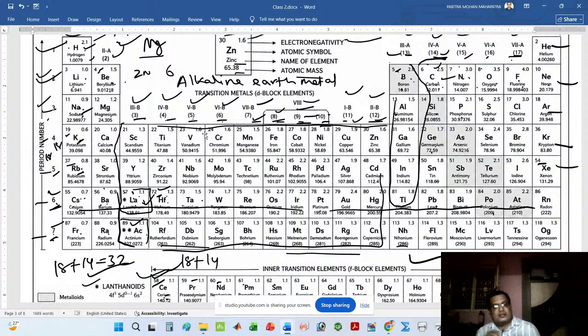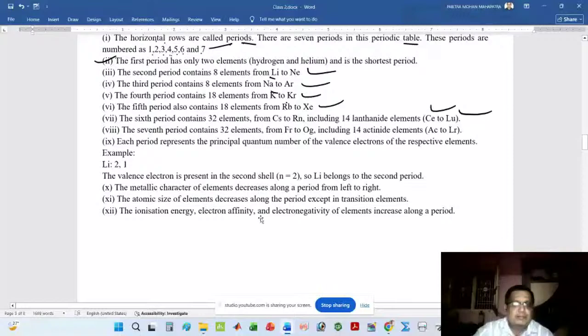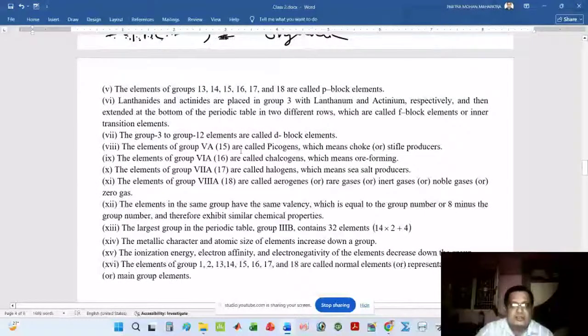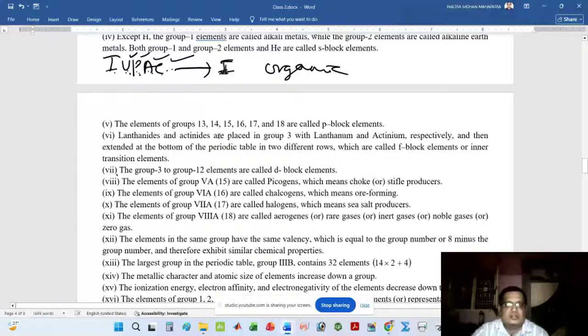But if I ask which group is the longest group, the answer is the third group, the IIIB group, because it has 14 elements in the first series and 14 in the second series. I will explain later why these elements are placed there. Let me start.